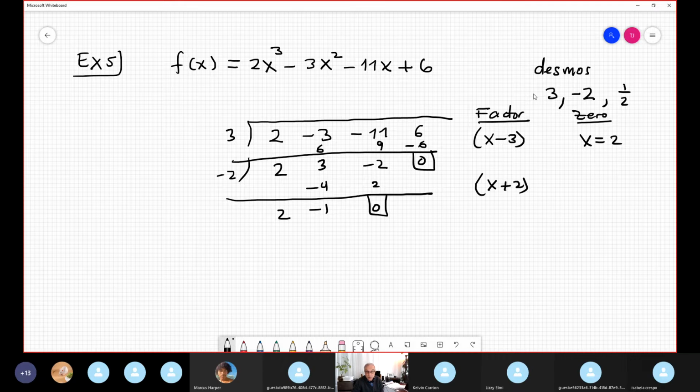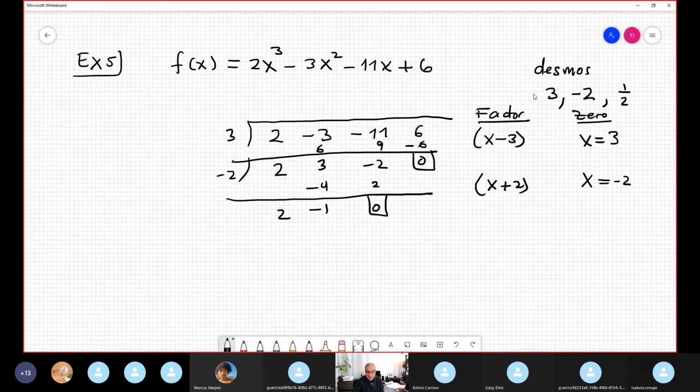Look, it's important: the number that you put in the synthetic division is a zero. Sorry, I made a mistake here. This is +3, and this is -2. The number you put here in the synthetic division is the zero, and the factor is the opposite sign.